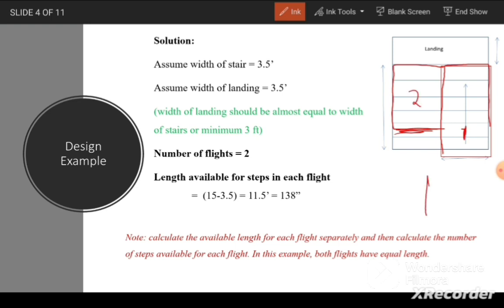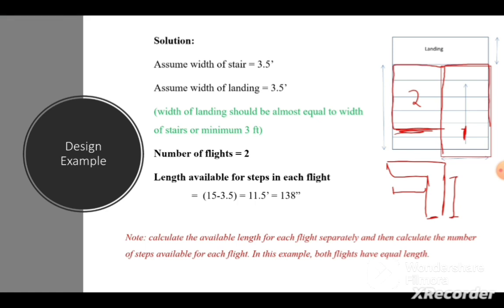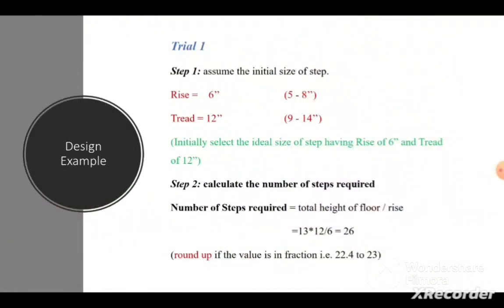Sometimes we have a stair like this, where the length of the landing or the flight can be different. So we need to consider this factor separately for all the available flights. We will calculate the available length for each flight and then the number of steps available.